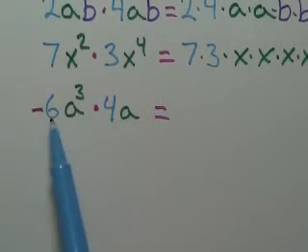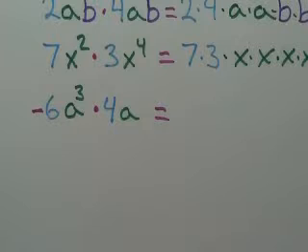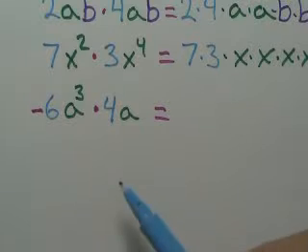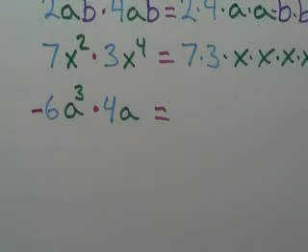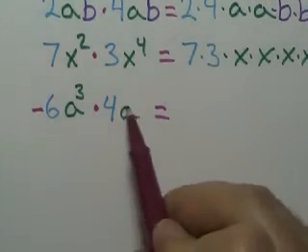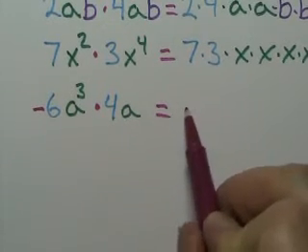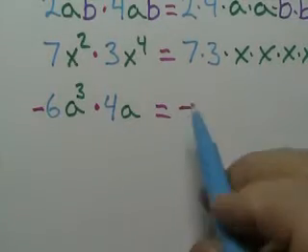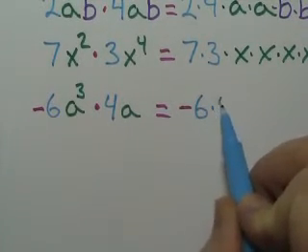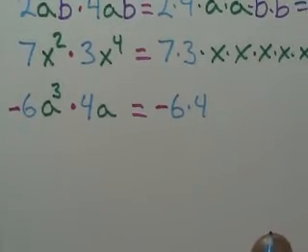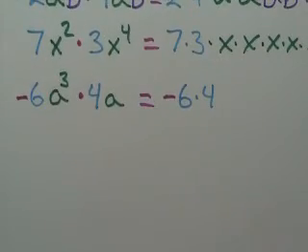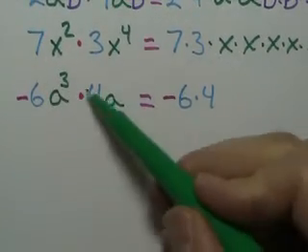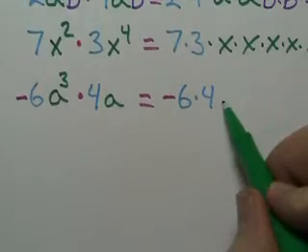Okay, this next one's a little different. Now I have a negative involved. That's negative 6. So I'm going to use my commutative property and move things around. So let's see, I have one negative. I have 6 and a 4. 6 times 4. Then I have several a's. Let's see, I have 3 a's and then another one.